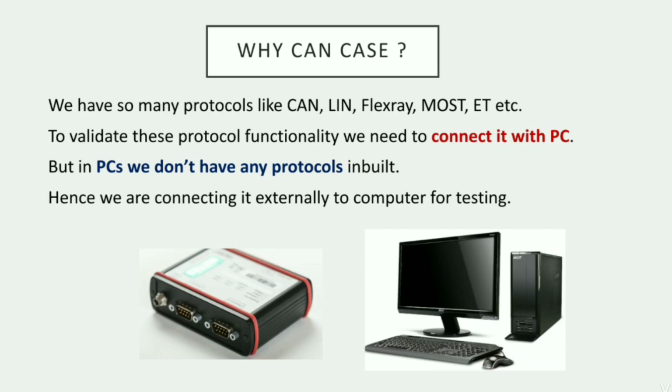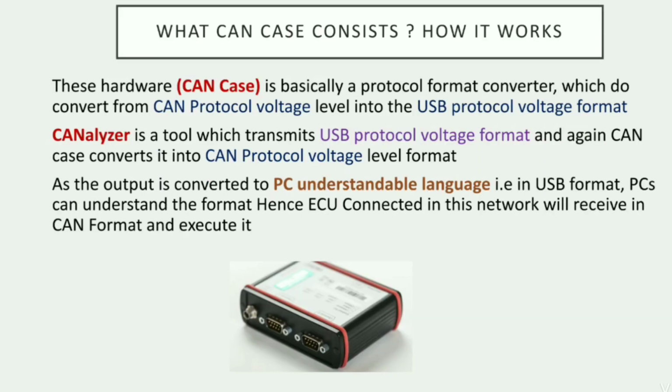Next, what CAN case consists of and how it works. This is another interesting thing you have to understand. This CAN case, that is this hardware, is basically a protocol format converter. In this CAN case you have the converter, many filters, and many electronic components.